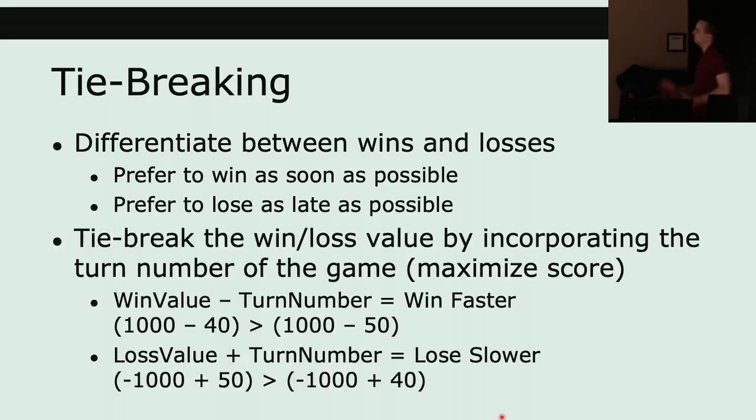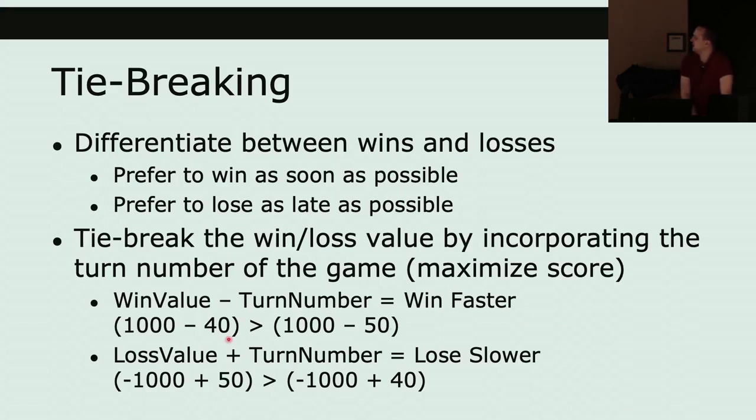So what we're going to do is tie-break a win or a loss by incorporating the turn number of the game. In Connect 4, whatever game state you're programming, you can just record, this is turn 12, this is turn 30, this is turn 31, whatever. In Connect 4, it's really easy because you just count up the number of pieces on the board, so that's the turn number.